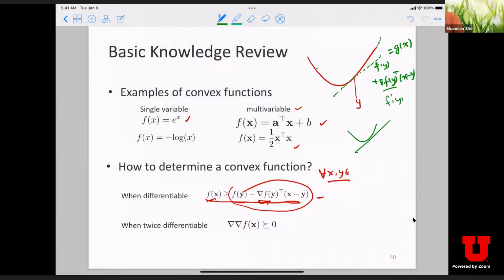You can try to draw other tangent lines, here, here, here. You see that every tangent line stays below the entire convex function body. Any question about the geometric meaning of this inequality?